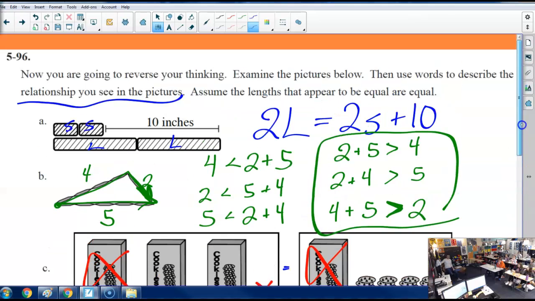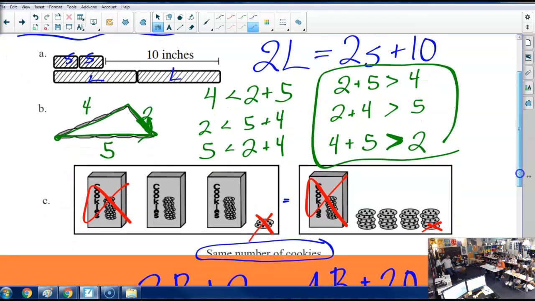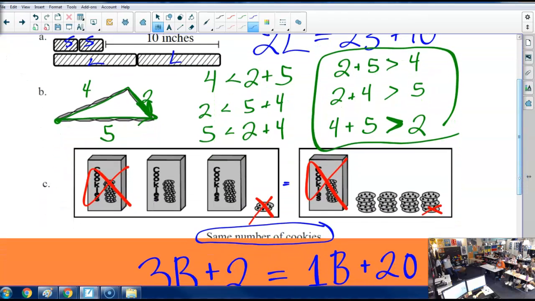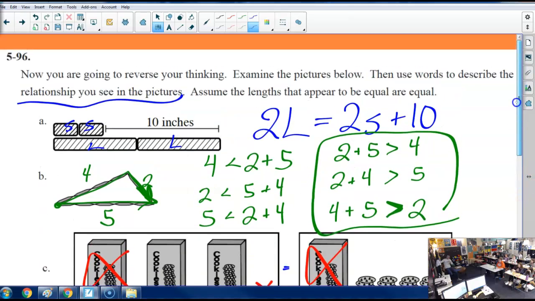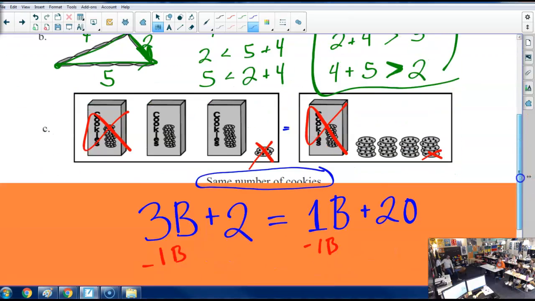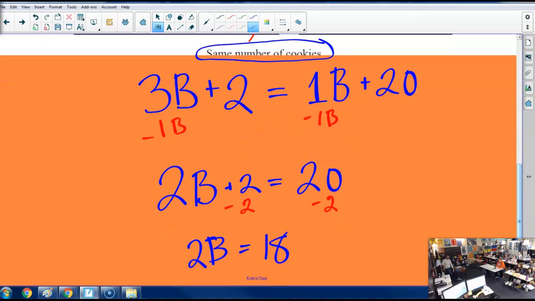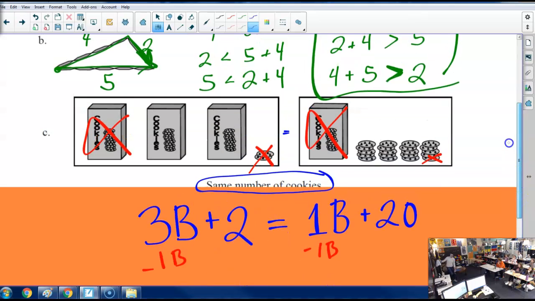In this first situation, we couldn't really figure out what the shorts or the longs were. But here, because we had a box of cookies on each side, we only had one variable, right? We just had B, as opposed to up here, where we had S and L in situation A. So here, now that I get down to 2B equals 18, if 2B is 18, can I split this in half and talk about what a single B is?